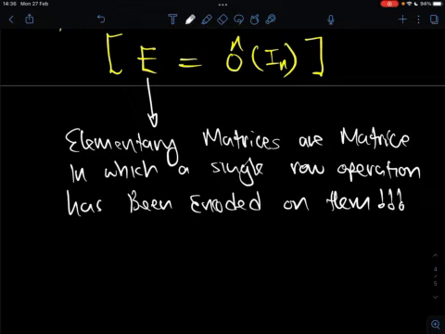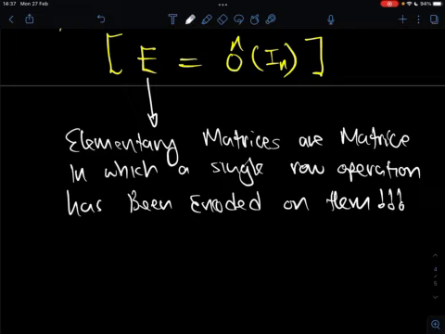Having elementary matrices is quite important because it allows us to represent those different types of row operations in the form of matrices. This will then allow us to perform row operations just by making use of matrix operations, rather than always trying to describe do this and do that.